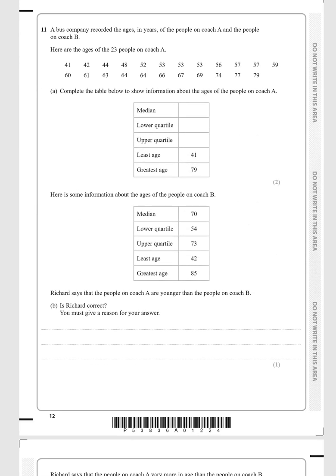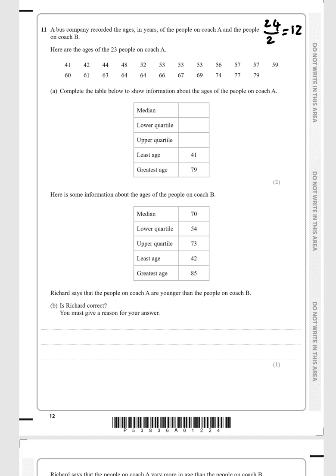Number 11. A bus company recorded the ages in years of people on coach A and the people on coach B. Here are the ages of 23 people on coach A. Complete the table. Right, so we need median, lower quartile, upper quartile. So 23. So actually we need the 12th person. 1, 2, 3, 4, 5, 6, 7, 8, 9, 10, 11, 12.